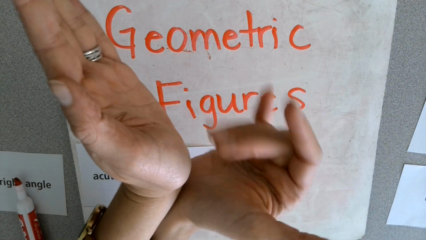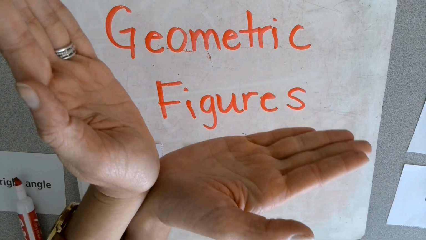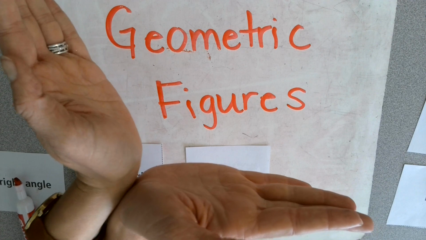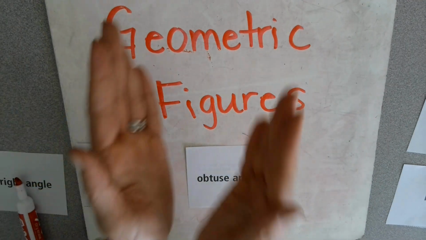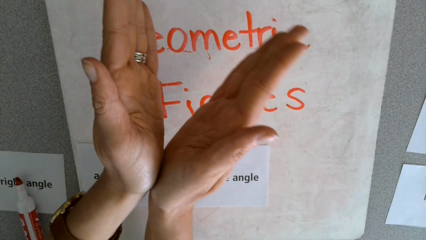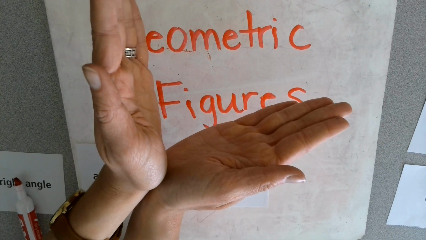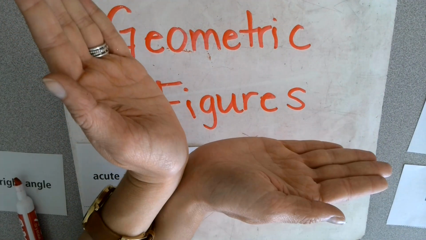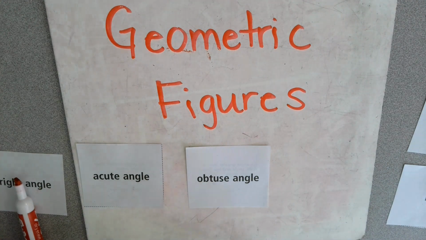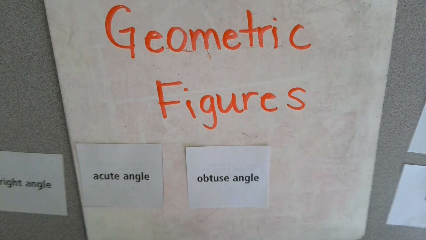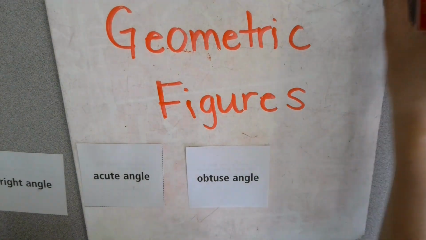You can see how the space between my hands, which I'm pretending are the rays, is much larger. So there's obtuse. So an acute angle, a right angle, a perfect corner, and an obtuse angle. Okay? I hope that that's helpful, friends, and we will check back in on this tomorrow.